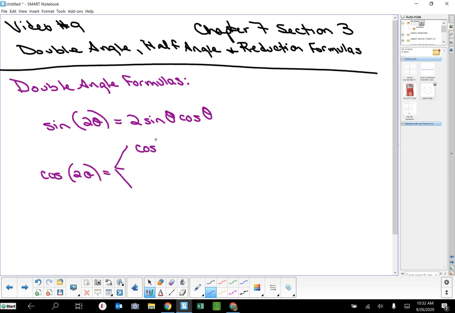So this is cosine squared theta minus sine squared theta. Looks like your Pythagorean identity. And then you have 1 minus 2 sine squared theta. And then 2 cosine squared theta minus 1. All right, so you could use any of those 3 if you see cosine of 2 theta.